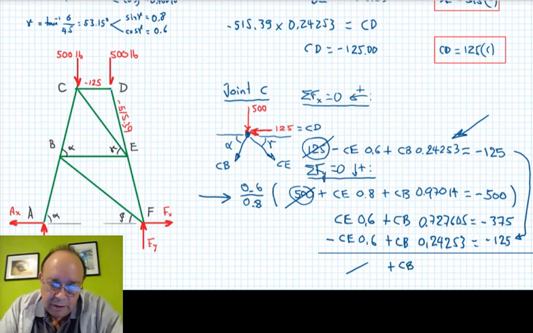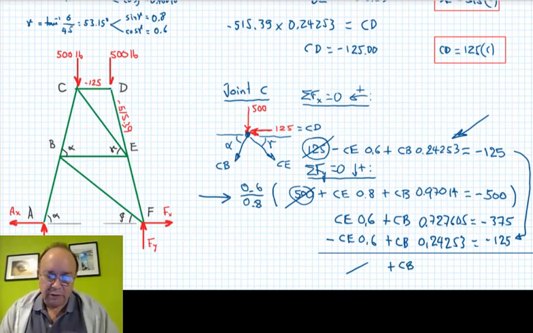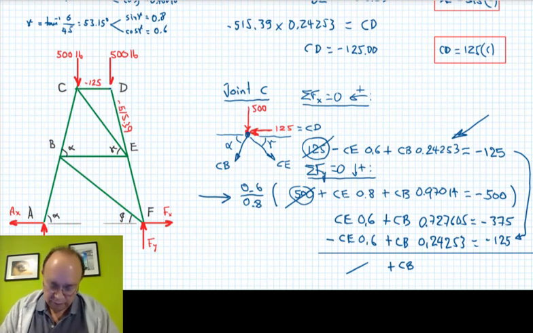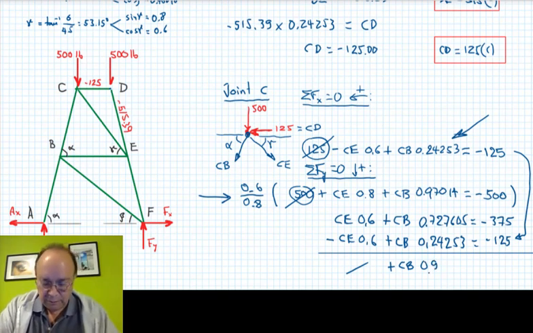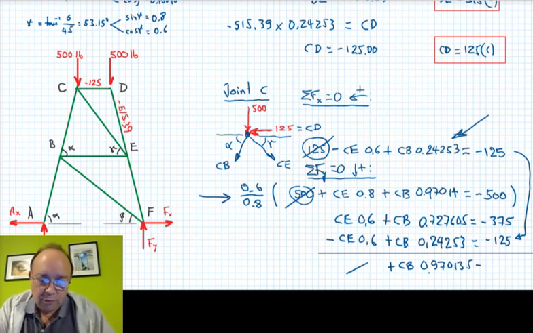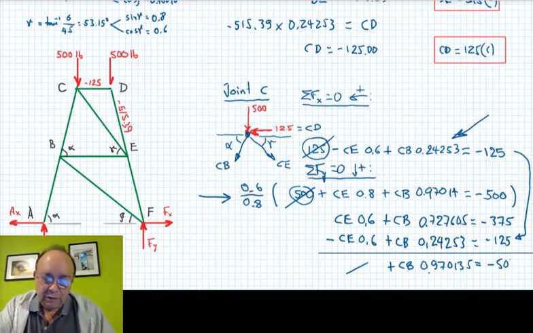Plus CB, and this will be 0.727605 plus 0.24253 equals 0.970135, equals minus 500, right? 375 plus 125 is 500.